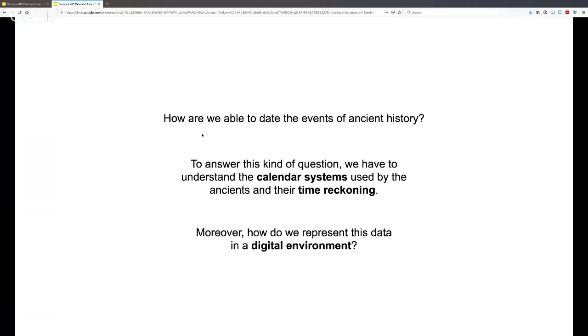The question, of course, here is how are we able to date the events of ancient history? Of course, we have events in our handbooks for ancient history. We have many dates, we have descriptions of events, but in order to get these dates, there is a lot of work. And then still we have many questions and big ambiguities about dates.